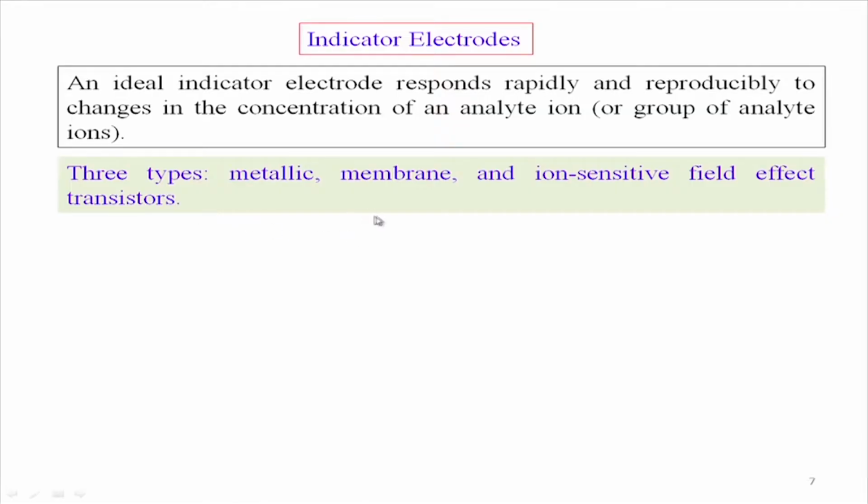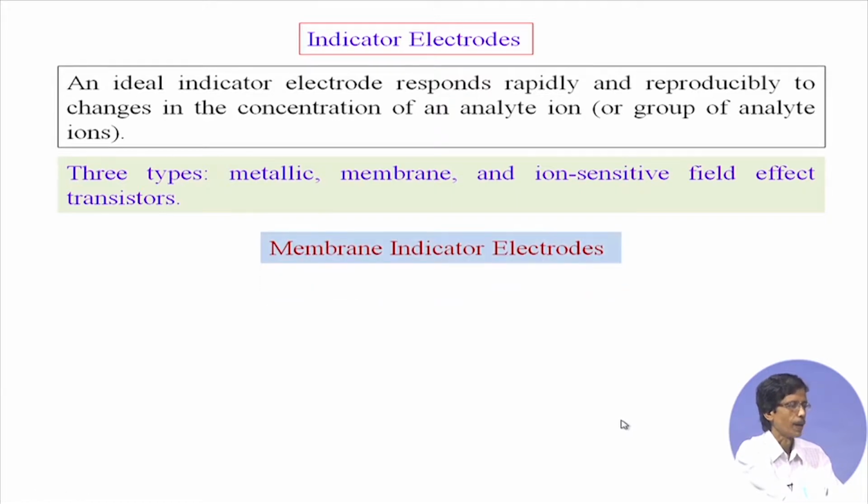So, these field effect transistors can also be used as a typical electrode. We can sense not only a solution, but you can also handle the gases which are passing over those transistors, and the transistors can sense that in terms of its change in electrode potential.